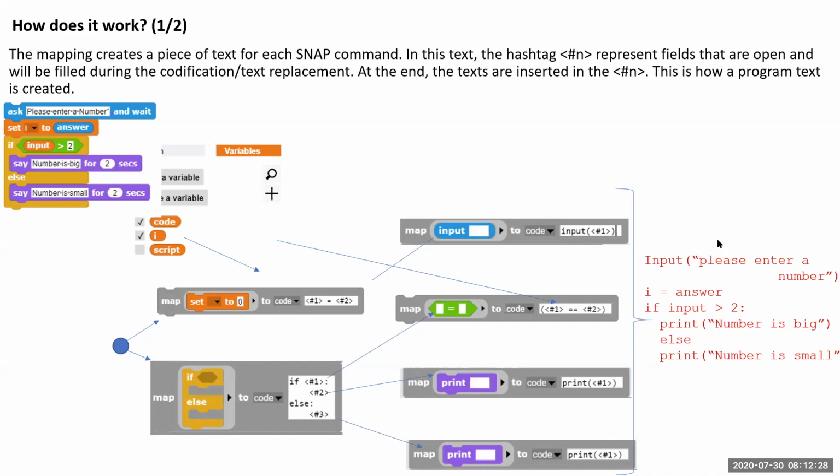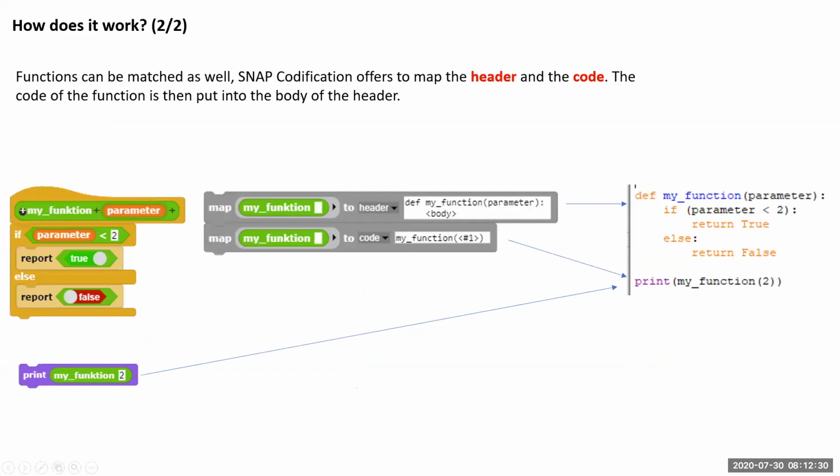So, and that is what I also want to show. It's not only single blocks, you also can have functions. So you have a possibility to map a header and a code. If I have here on the left my function with a parameter, then this is mapped to the function header.